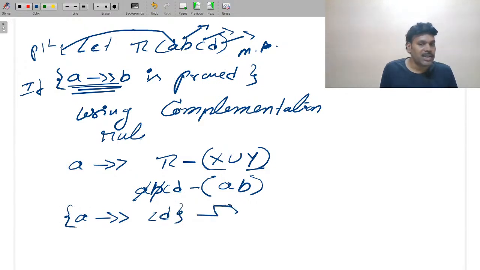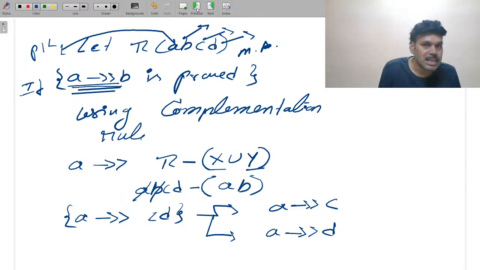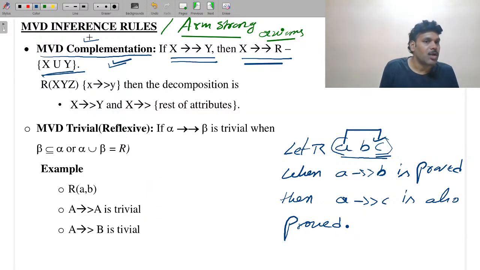So what is the meaning of that? A implies C and A implies D. So the same is applied using the complementation rule. Whenever X implies the second column, then X implies all other columns, as long as you have multi-value attributes.